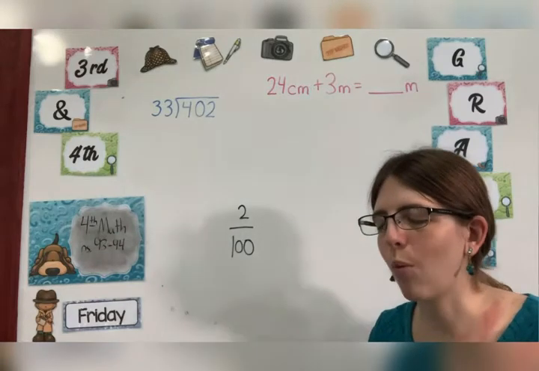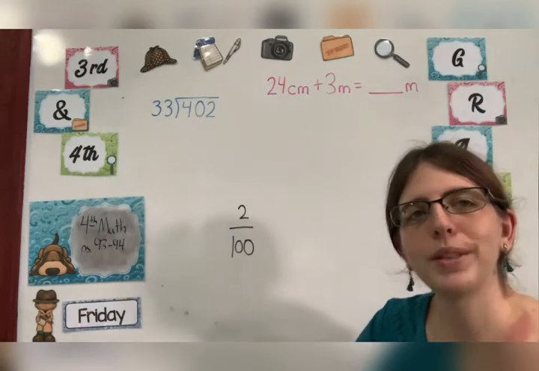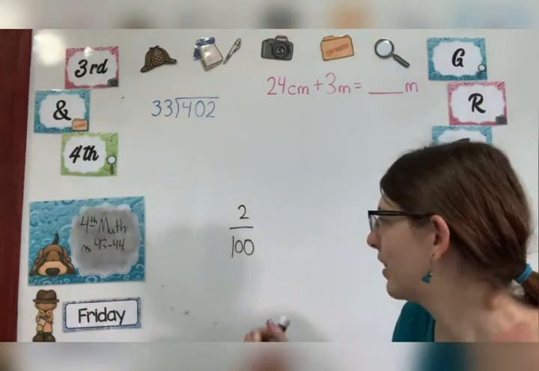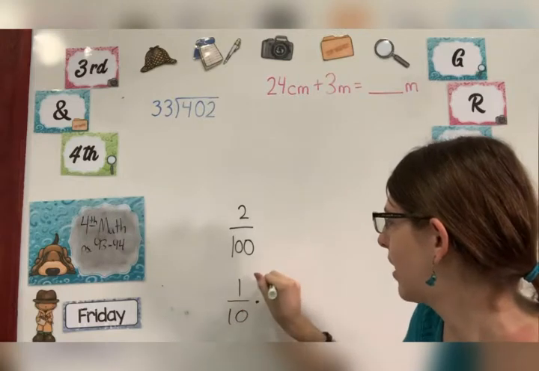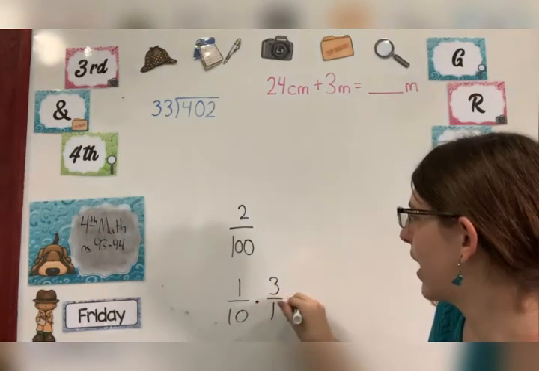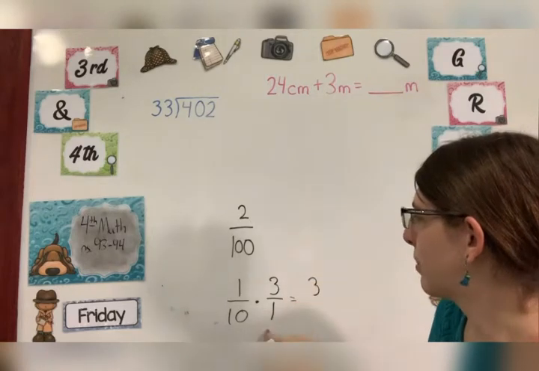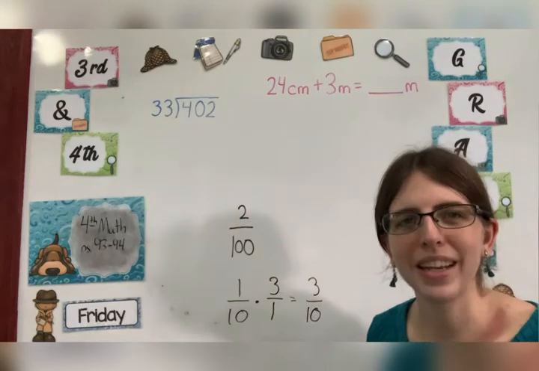We'll multiply 1/10 to get our decameters by 3. What's 1/10 times 3? It would look like this: 1/10 times 3 over 1. We multiply our numerators and get 3, and multiply our denominators and get 10. 3/10.